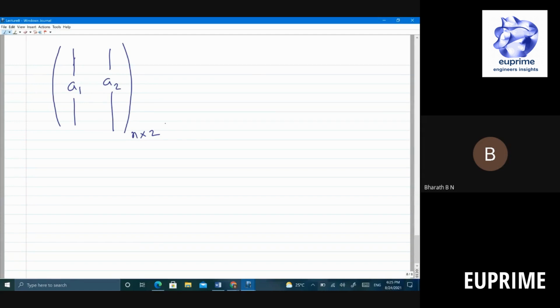See, A1 belongs to Rn, so in Rn I can have n basis vectors. Do you agree? The first one will be a scaled version of A1 itself. The second one will be a linear combination of A1 and A2 to get a normalized vector which is orthogonal to normalized A1. What about A3?